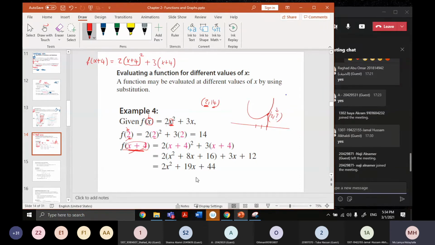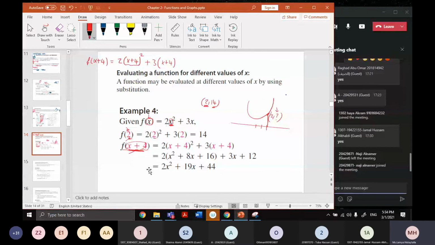And then you expand and then you simplify, and that's it. So if we have f of x, we can find f of 2, f of x plus 4, f of x minus 7, f of y, f of z. That means in the place of the x, you're going to substitute that new value.